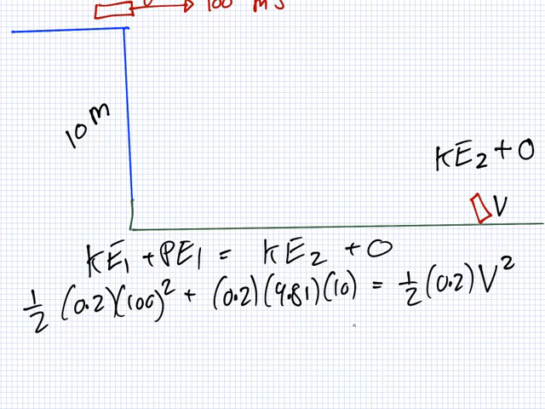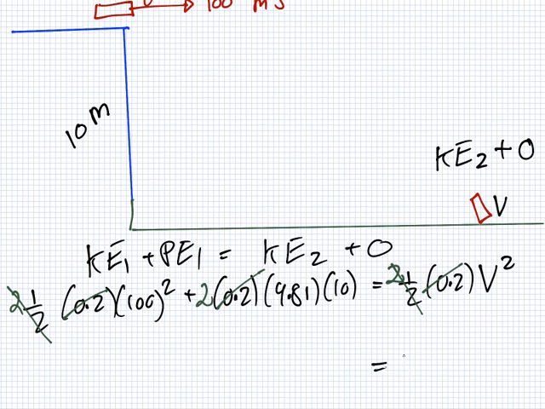What's in common? What can we cancel? The 0.2. And also, I'll multiply everything by 2. What happens here? Cancel, and here? Cancel.